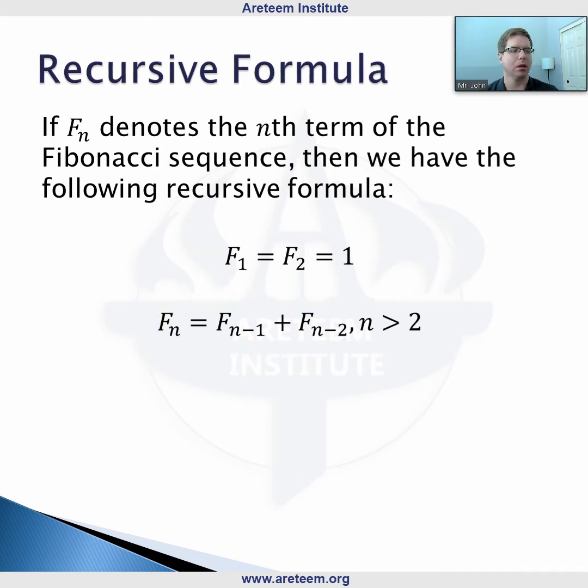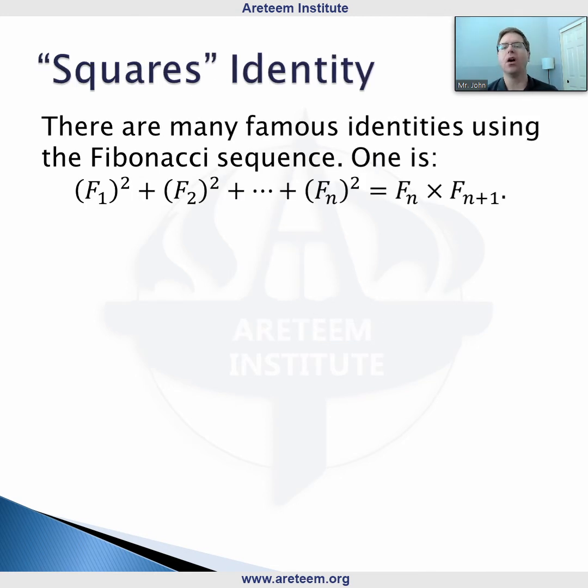Now, let's look at a cool example and an application of the Fibonacci sequence. There are many identities with the Fibonacci numbers. They have some cool relationships to other numbers you may know, right? Pascal's triangle, all kinds of cool things that I definitely recommend you look into. The one identity we're going to talk about right now is what I'm going to call this squares identity.